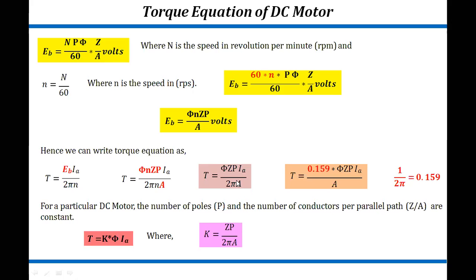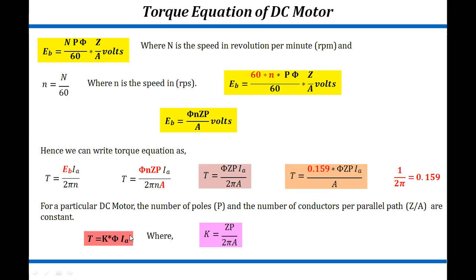But here, we are aware of the construction of the DC motor. We can take the number of poles and the number of conductors per parallel path, Z by A, as a constant term. If we take ZP upon 2 pi A as a constant term K, your equation will become T equal to K phi IA.